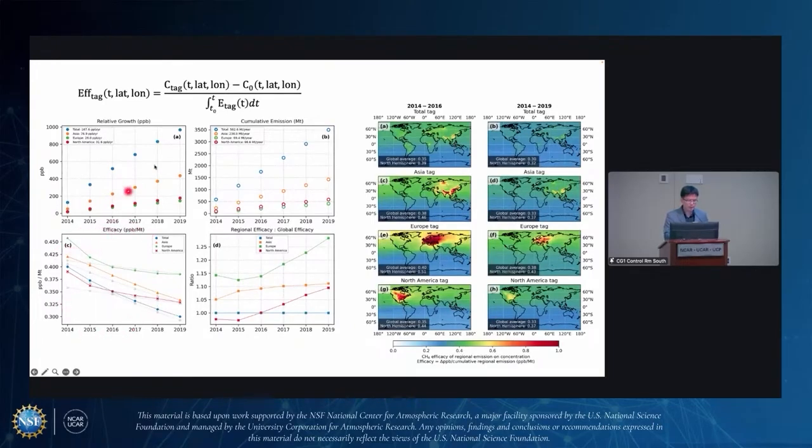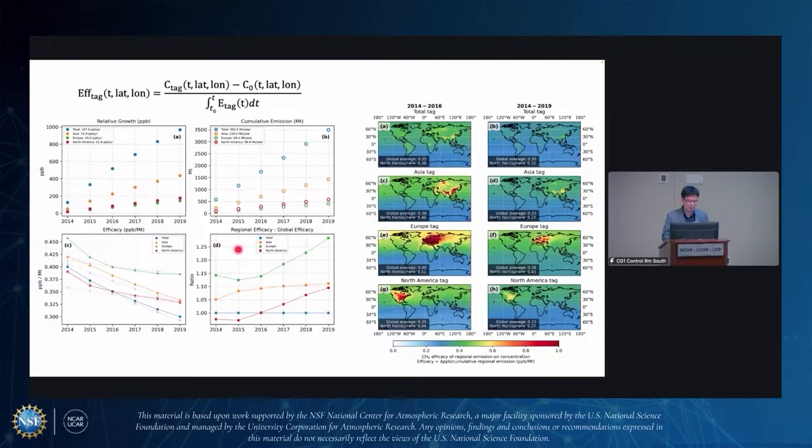Because of the definition of the efficacy, there is an accumulation term here, so they are descending as time goes on. But we noticed that the efficacy from Europe is the highest among all of them, which means the methane emission from Europe has the greatest efficacy.